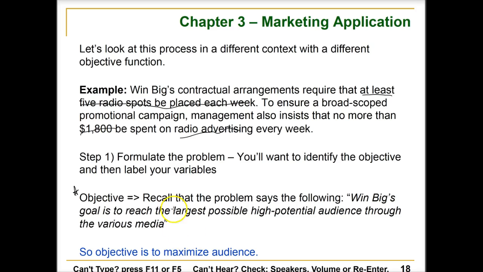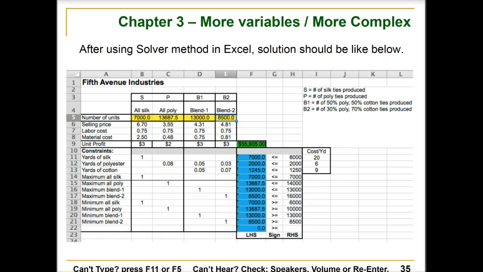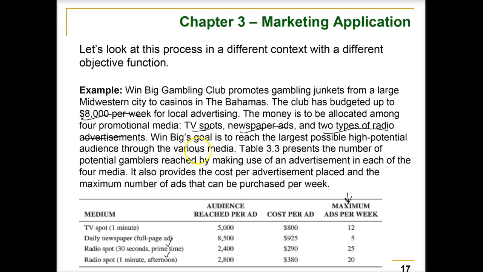Okay, so what we want to do is maximize our audience. Since we know that we have on average about these number of people that will be reached by each particular medium, we want to come up with an objective function that has these coefficients in it.